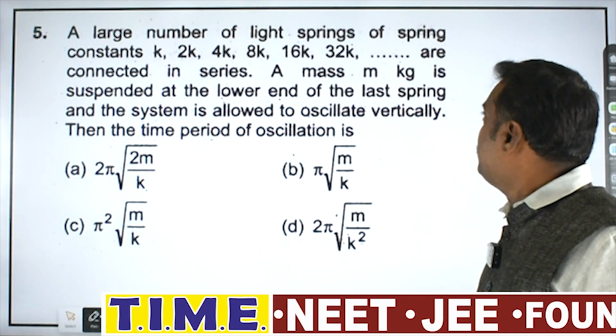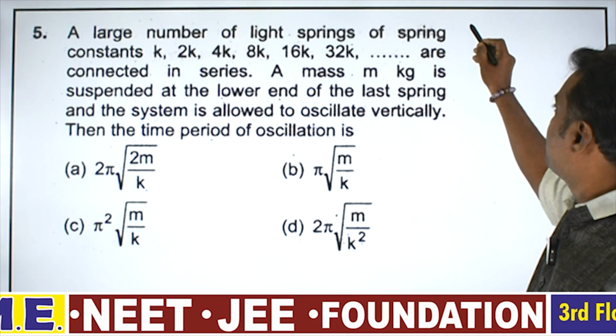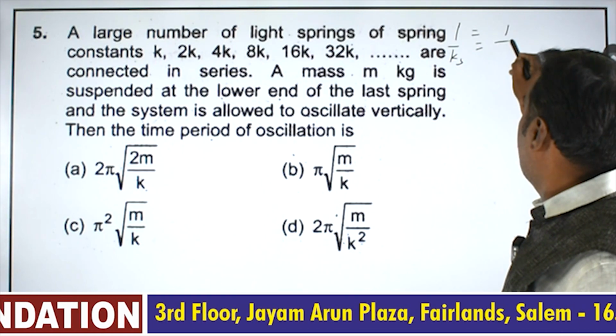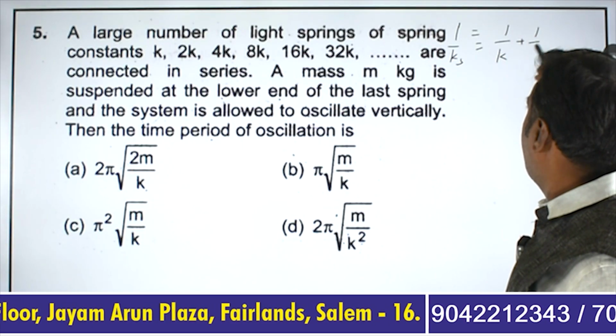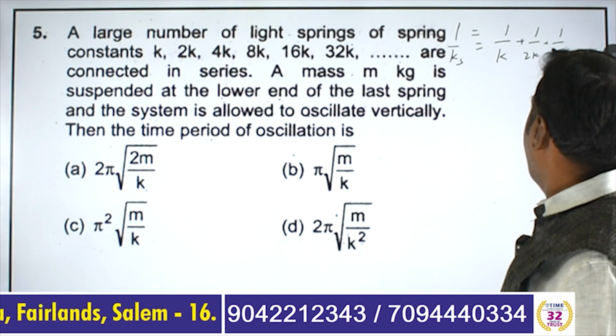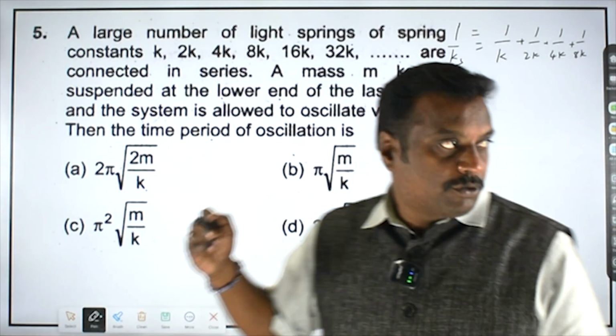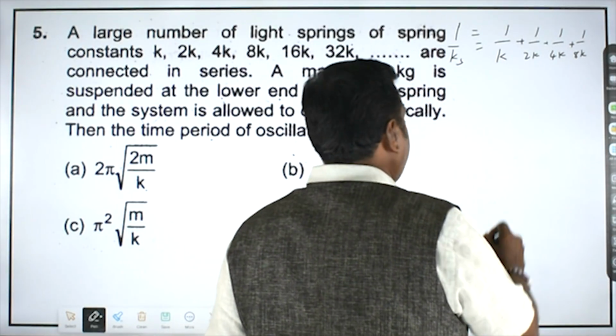How it changes when in series, you have to think and work out. So when they are connected in series, the effective constant is, 1 by ks is equal to 1 by k plus 1 by 2k plus 1 by 4k plus 1 by 8k, of course plus 1 by 16k and all.